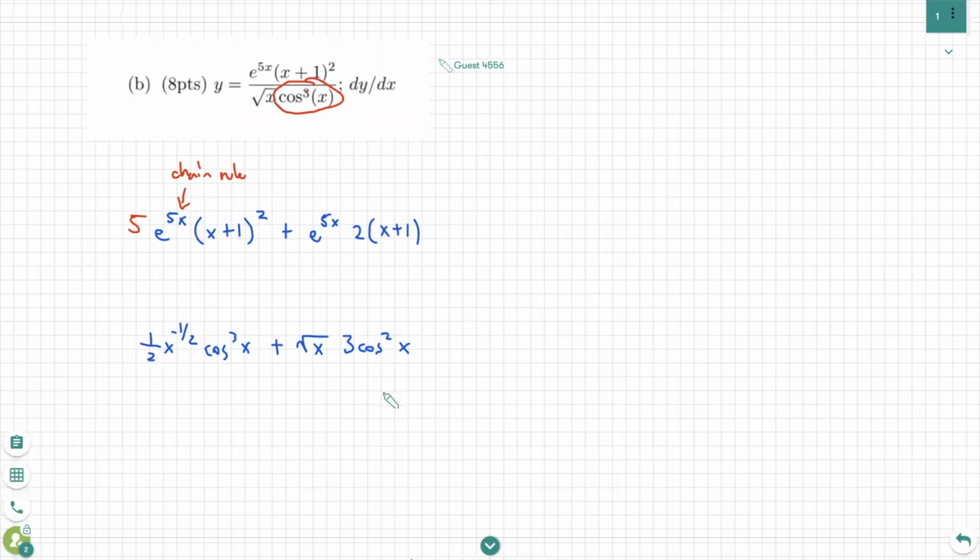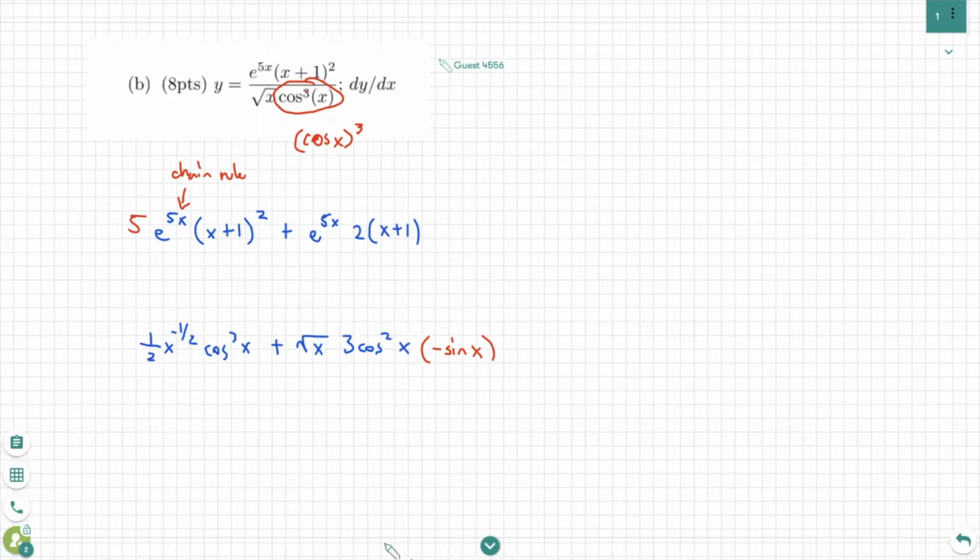Take the derivative of cosine, which is negative sine. So would it be negative sine cubed x, or just negative sine x? What's the inside function? It is just negative sine x, because technically this is the same as cosine x cubed. That's why the inside is just the cosine x. Okay, got it.